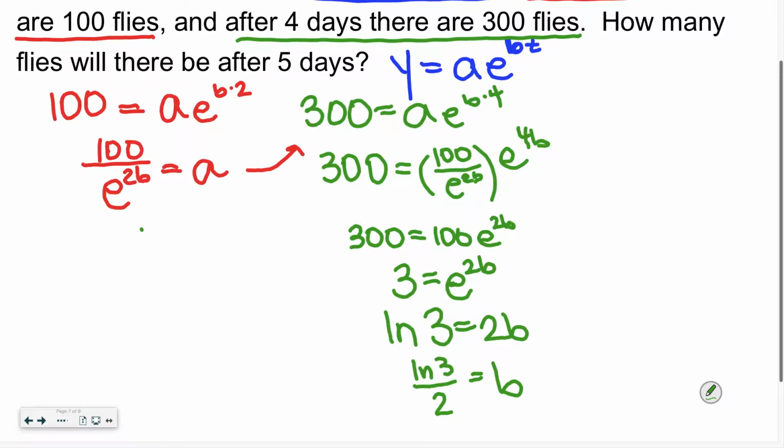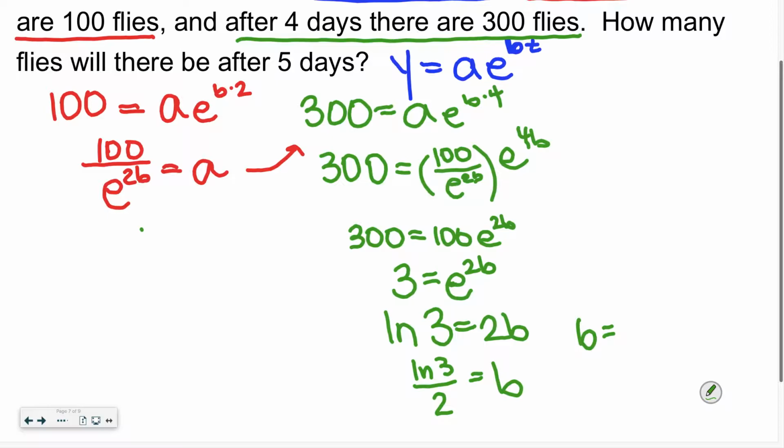Okay. Now, we are solving for the rate in which this population is growing. And since it's growing, you better get a positive rate. Please type in the natural log of 3, close your parentheses, and divide it by 2. Okay.